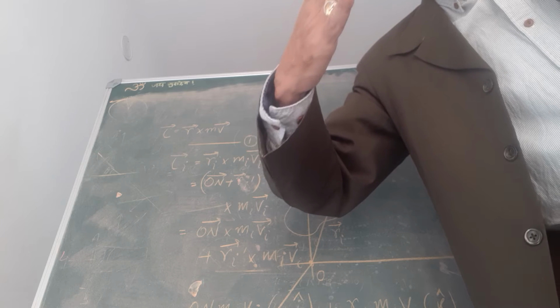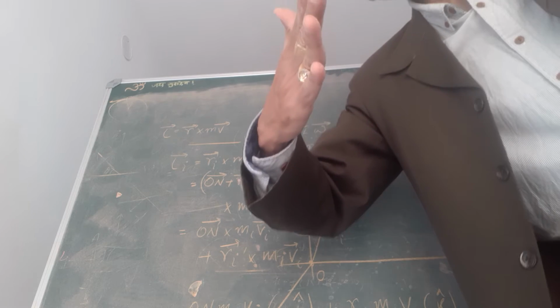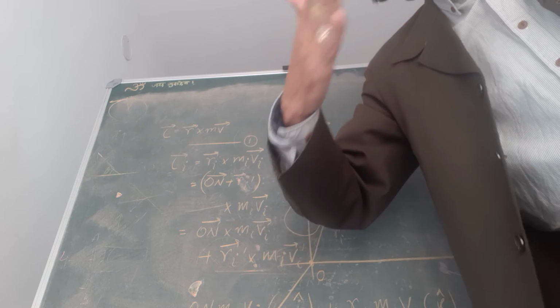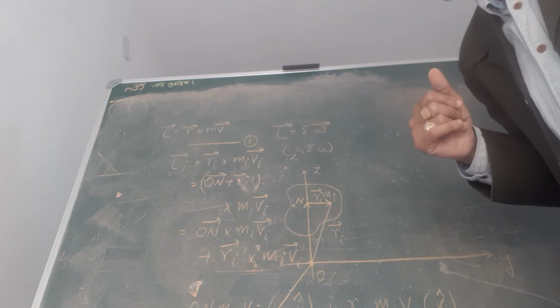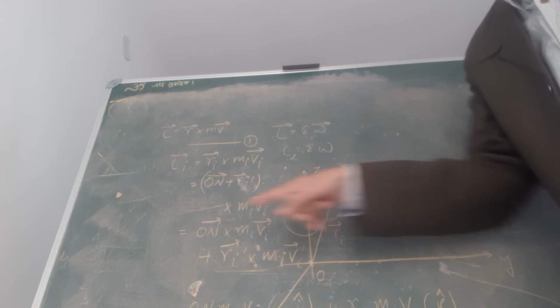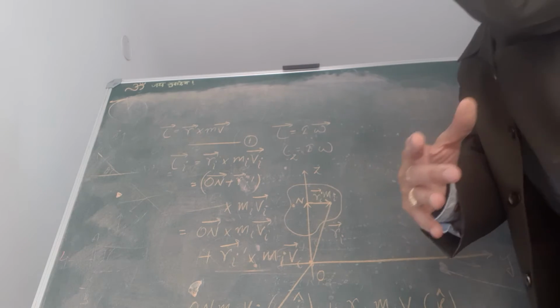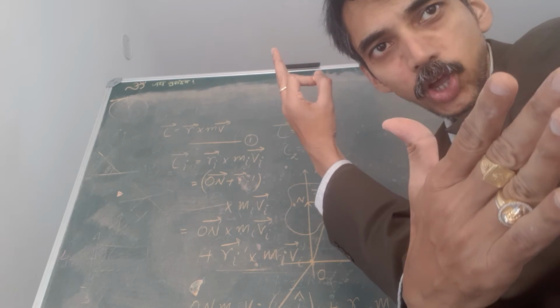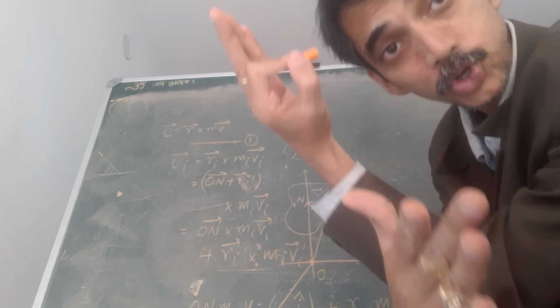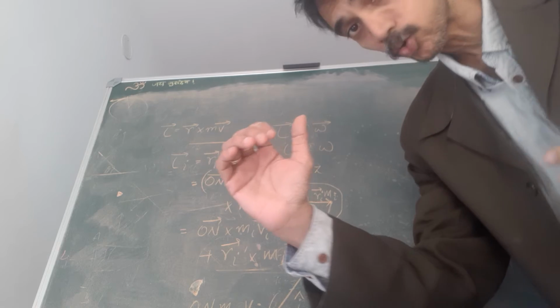My right forearm is manifesting the direction of velocity for the particle, which is to the left of the z-axis. So this is the direction of velocity, and then comes the term ON cross MiVi. ON remains the same, as you know. So this is ON and this is the direction of velocity. Now I am to rotate from ON to MiVi.